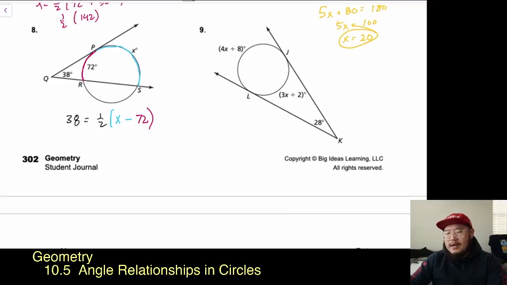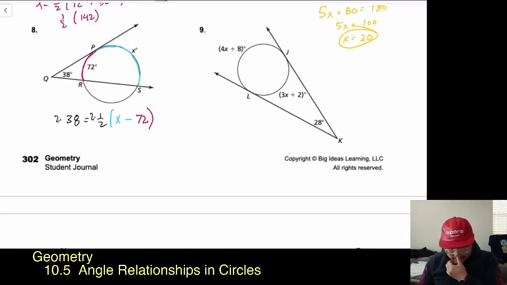All we need to do now is solve for x. We'll start off by multiplying both sides by 2. Let's get rid of that 1/2. You could distribute that if you'd like. I'm not a fan of that in this situation. I'd rather just get rid of it, because then you're going to have to eventually multiply both sides by 2 anyways.